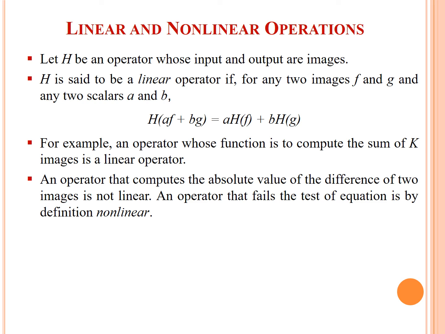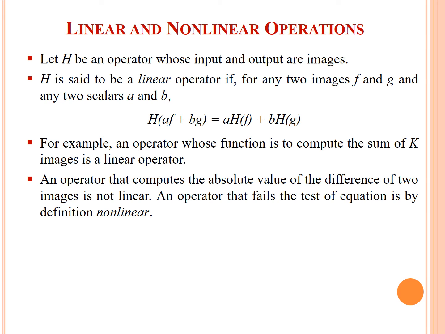Linear and nonlinear operations. Let H be an operator whose input and output are images. H is said to be a linear operator if, for any two images f and g and any two scalars a and b, H(af + bg) = aH(f) + bH(g).